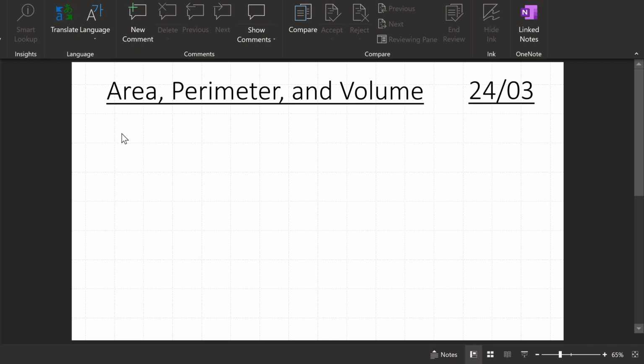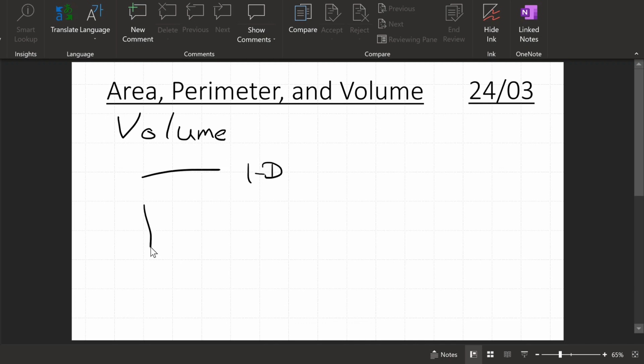Now, what is volume? Well, volume is as simple as the amount of space an object takes up. So when we were doing normal measurements, we were doing one dimensional. So, a line would be one dimensional.